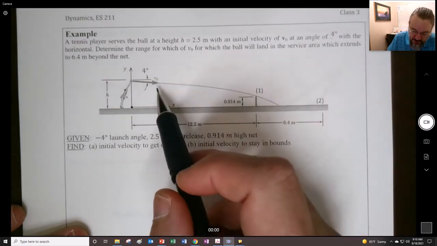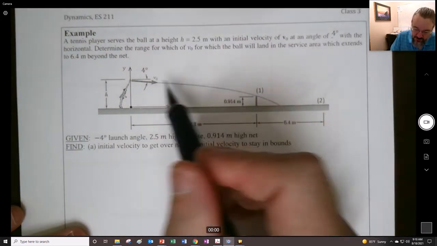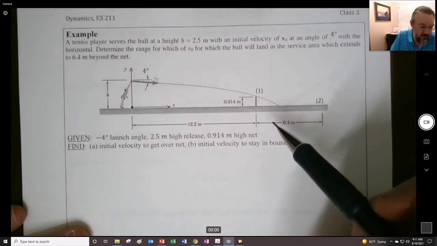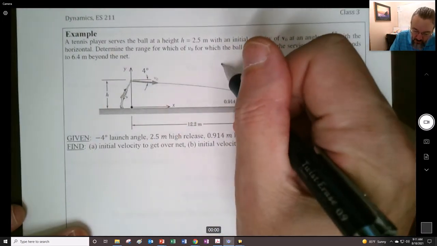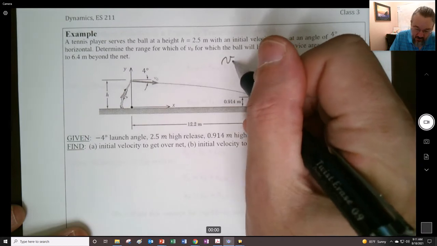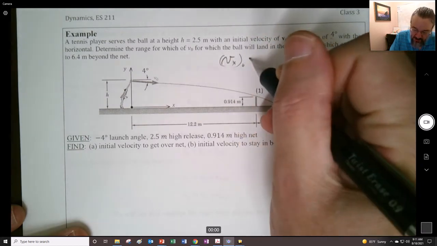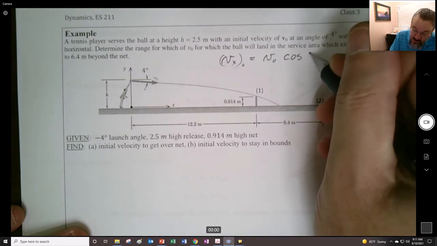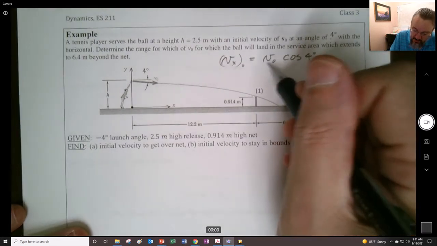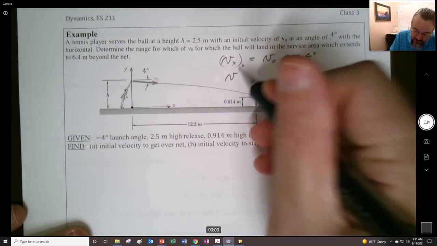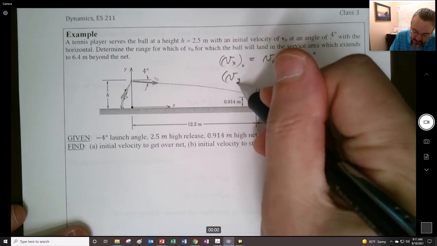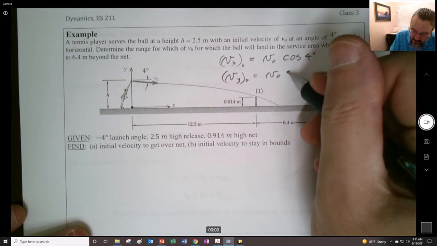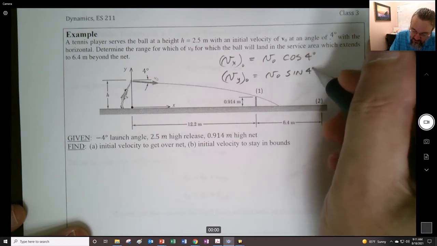So one of the first things that I generally will do, if I do know the initial velocity, is I'll often write out right away what the x component is. But this is what we're looking to do, so we will use this as a substitution. We'll substitute in there v naught and then the sine of 4 degrees.